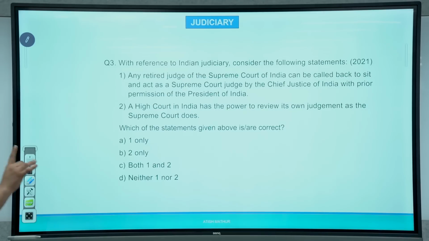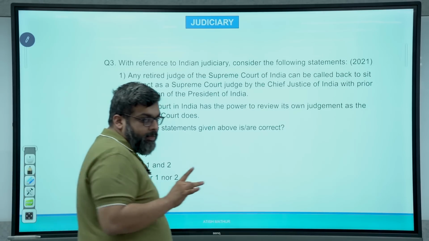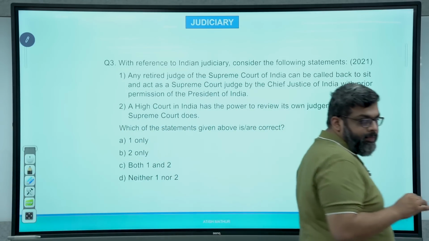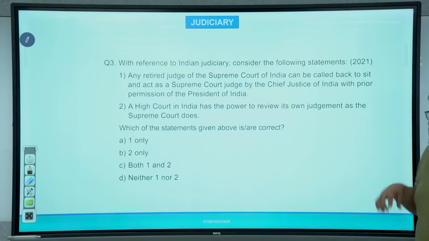Don't rush. Good, link it with the prior statement. A High Court in India has the power to review its own judgment just as the Supreme Court does. Just as the Supreme Court does.